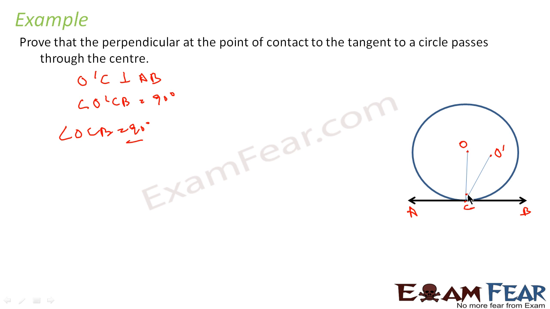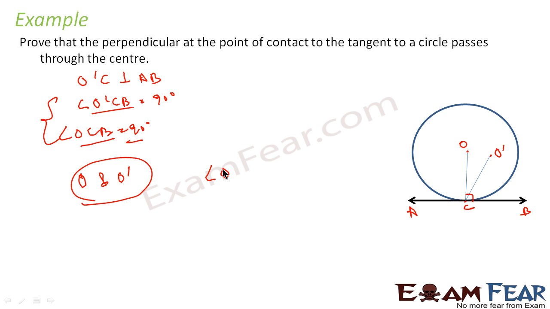So this angle is 90 degrees. Because if AB is a tangent, then AB is perpendicular to OC, where C is the point of contact and O is the center. From these two we conclude that angle O dash CB is 90 degrees and angle OCB is also 90 degrees. So from this we can say that O and O dash are the same point. Correct?